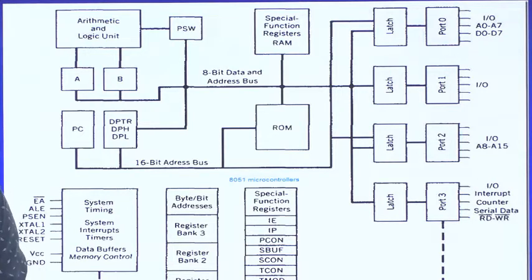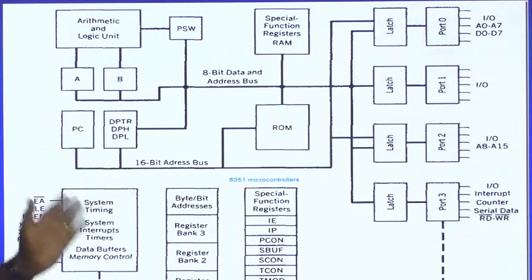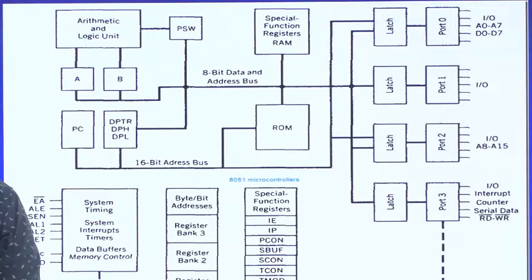All these things I discussed. And this is the architecture of the 8051 microcontroller. It is very, very important for your end examinations. Definitely one question comes from this concept, the architecture of the 8051 microcontroller.